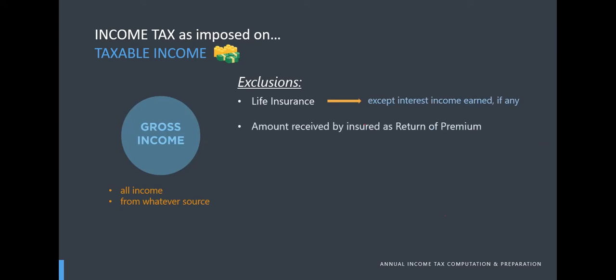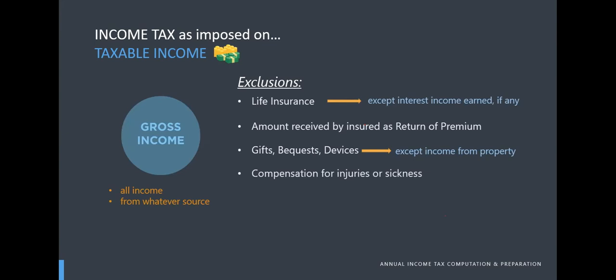Amount received by insured as a return of premium, gifts, bequests, and devises, except for the income earned from the property being donated. So if there is an income on the property being donated, then the income must form part of the gross income.